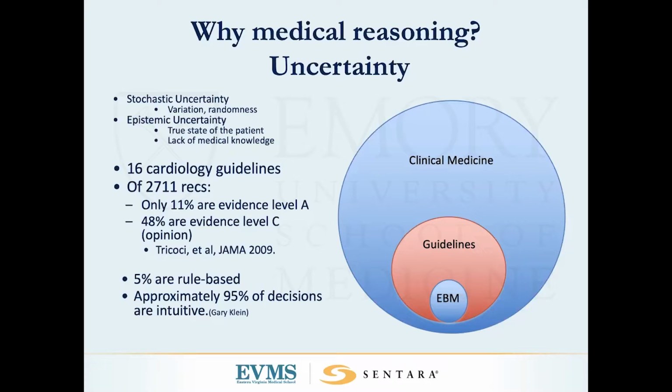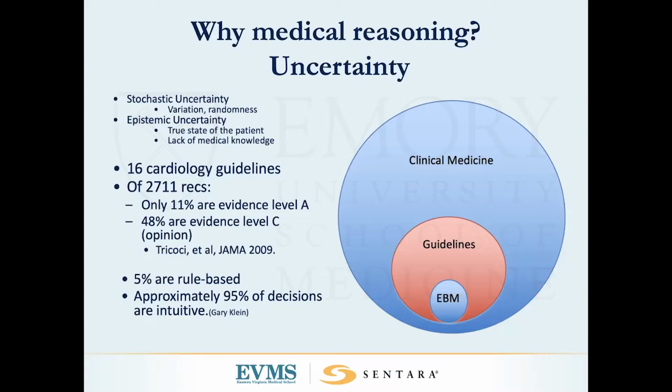In those 16 guidelines, there were a total of 2,711 recommendations. It ends up, they found that only 11% of those recommendations had an evidence level of A. Almost half of them had an evidence level of C, meaning it was simply opinion and not based on any evidence at all.